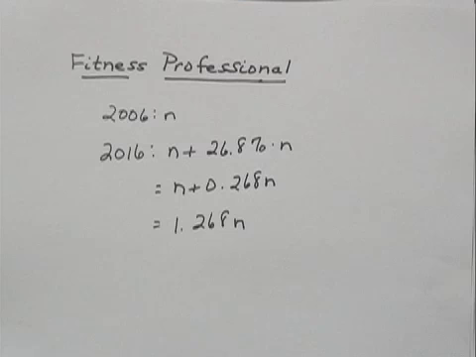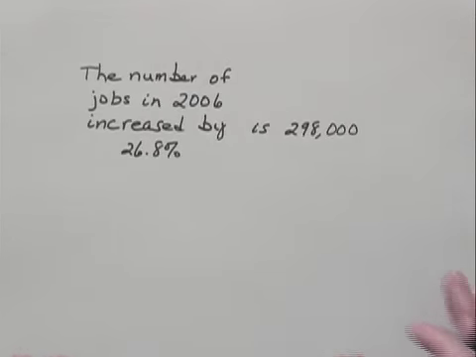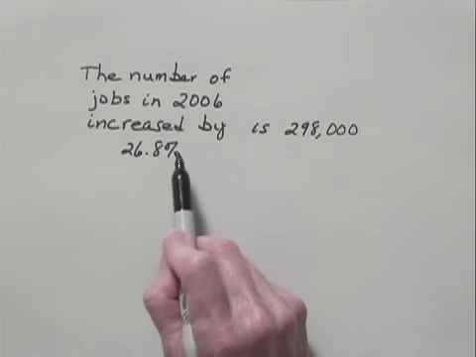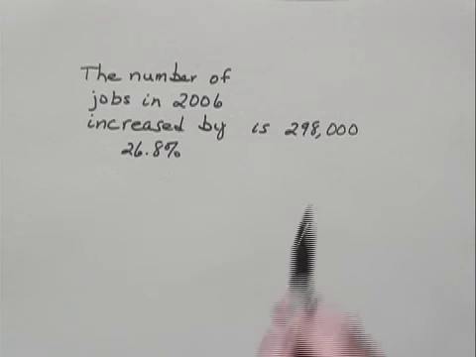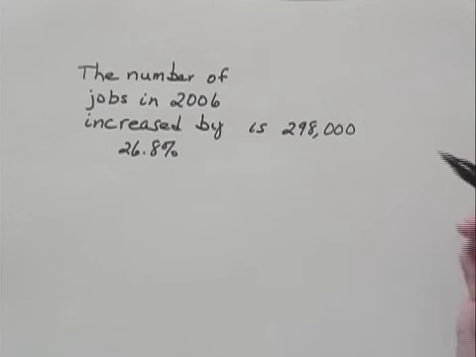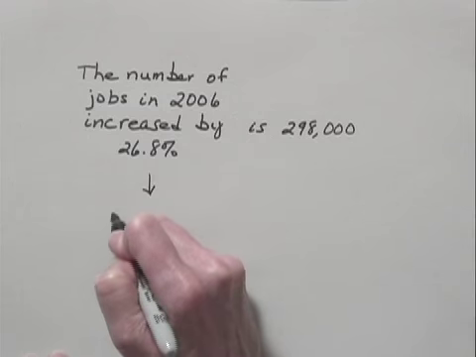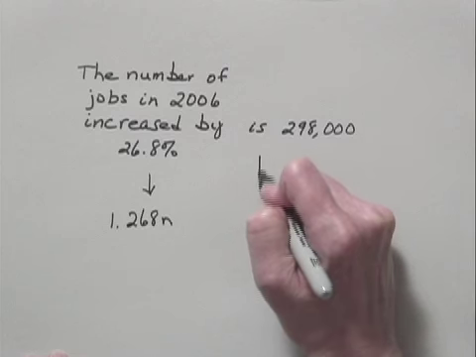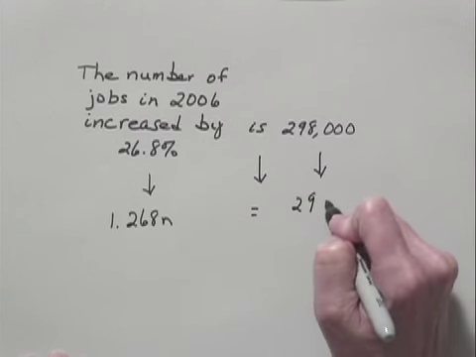Now, in order to find N, we'll solve an equation. The equation that we want to solve will say this: the number of jobs in 2006 increased by 26.8% is 298,000. This is the number of jobs in 2016. And we just said that this number was 1.268 times N, and that is 298,000.